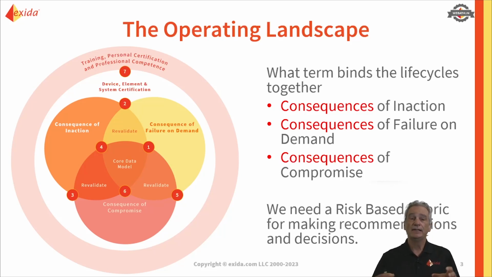And then of course we've got the consequence of compromise. As I said, cybersecurity and malware is a real thing these days, and we have to be mindful of that. It won't necessarily be an external attack coming in. It could be somebody's inadvertently introduced some malware without knowing it.